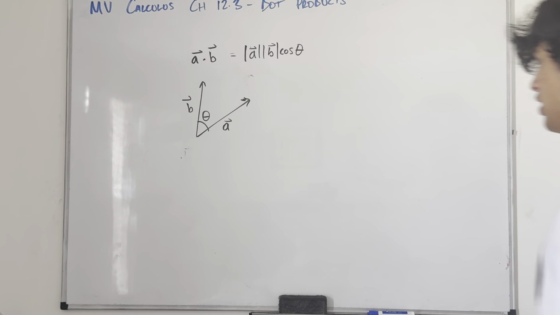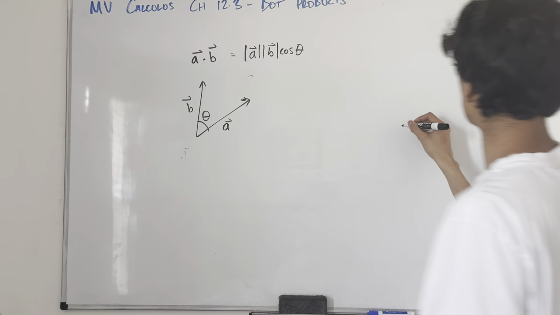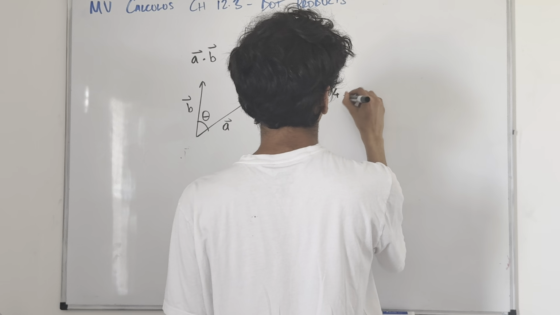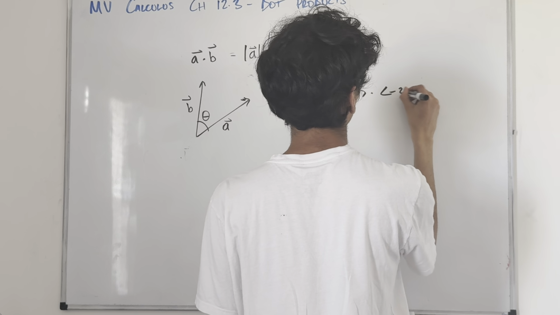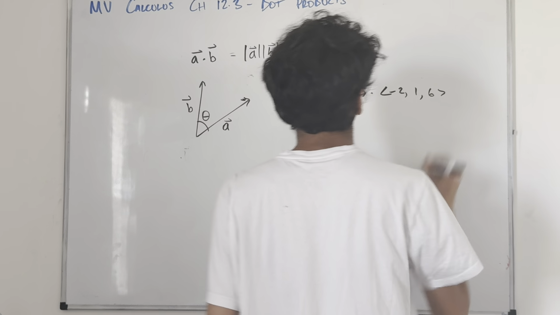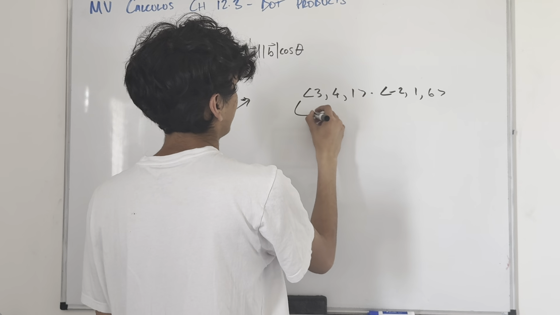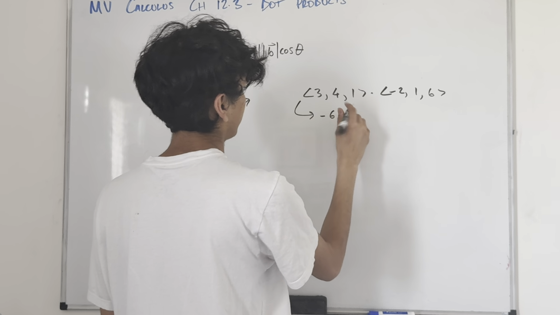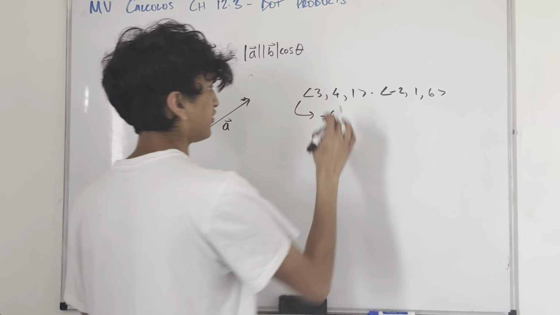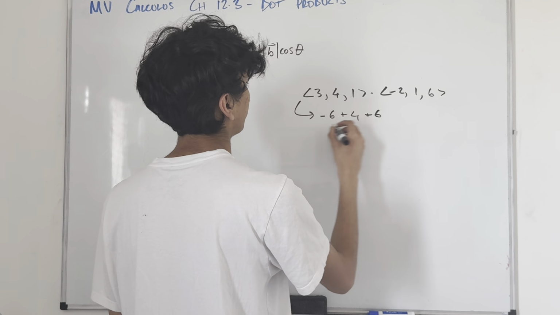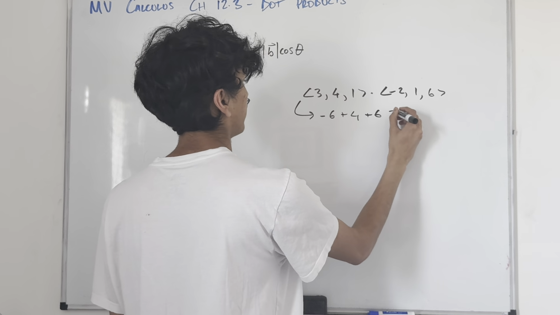So if I do a random one, (3, 4, 1) dot (-2, 1, 6), I get 3 times -2, which is -6, plus 4 times 1, which is 4, plus 1 times 6, which is 6, so this will end up equaling 4.